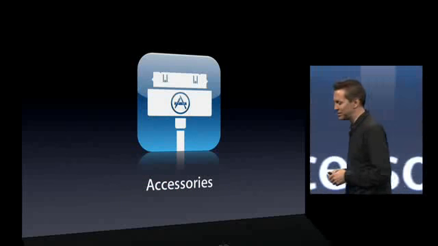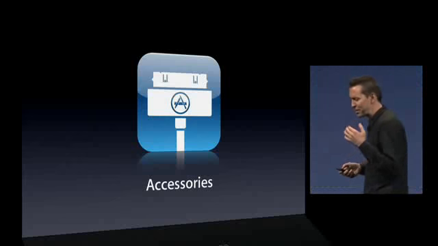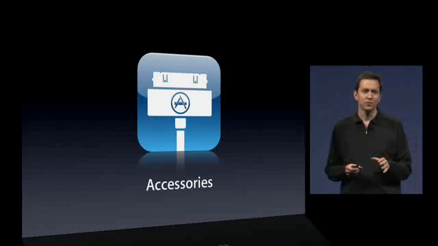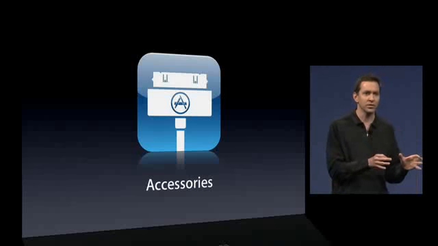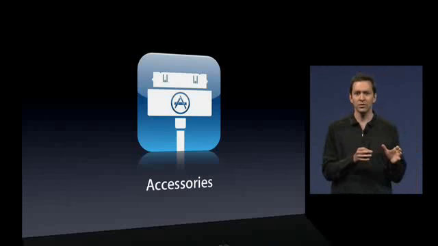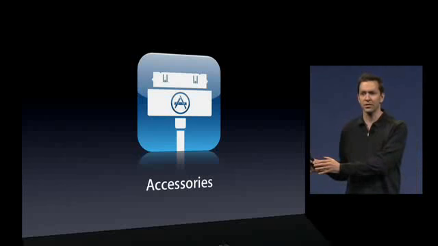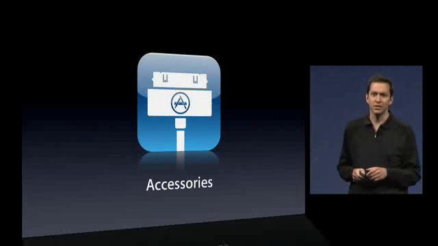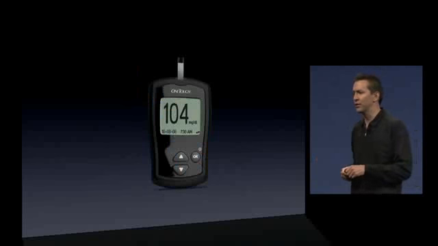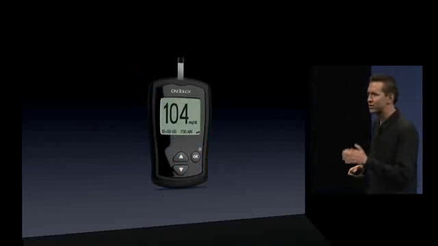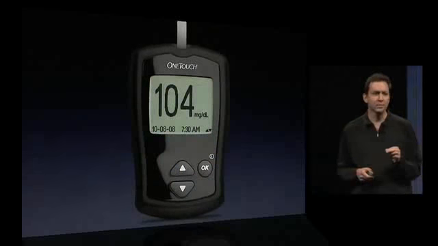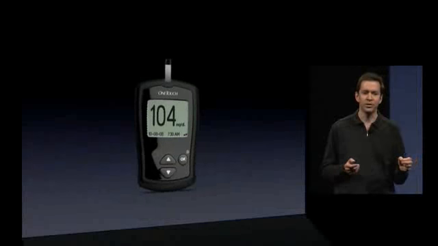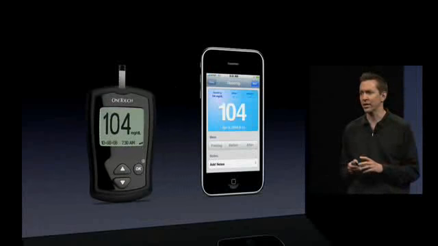Next is accessories. In iPhone OS 3.0, we are opening up for hardware accessory developers to build companion software applications that talk right to the accessory. For instance, back in March when we announced iPhone 3.0, LifeScan, a Johnson & Johnson company, announced that they're taking their OneTouch blood glucose monitor and building a companion iPhone application.